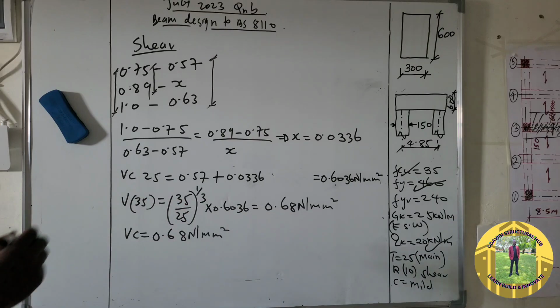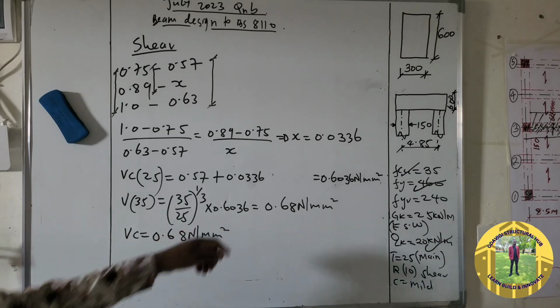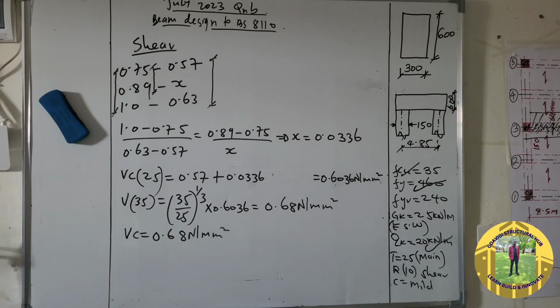This Vc is for class 25. So to get Vc for class 35, you will take 35 over 25 raised to the power a third times the value of Vc, which is 0.6036. So you will get 0.68 Newton per millimeter square.